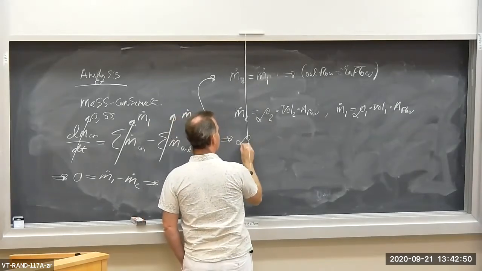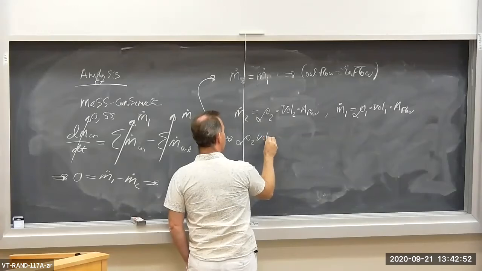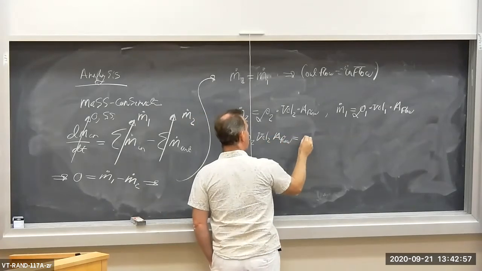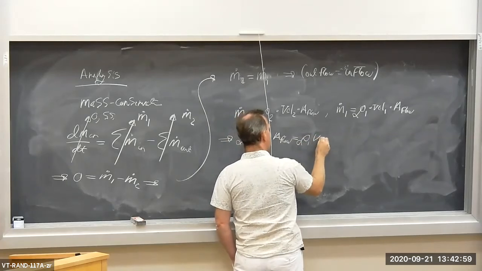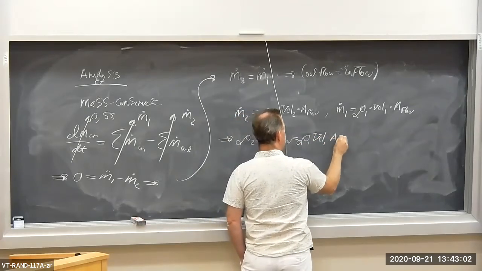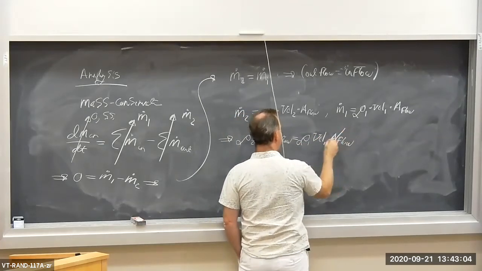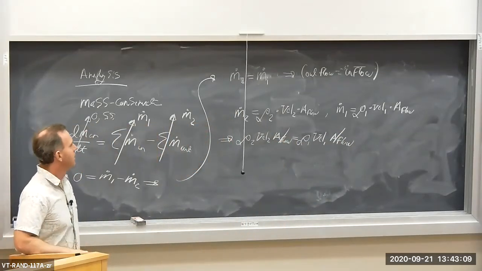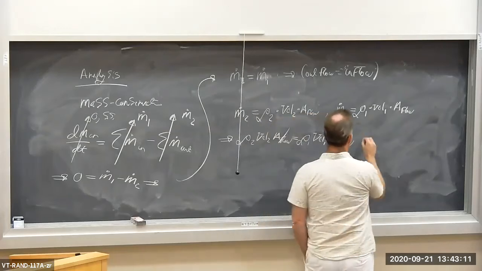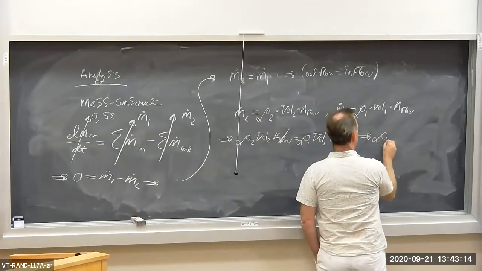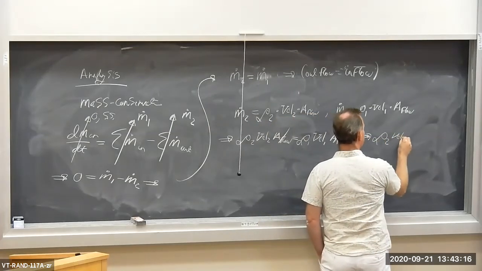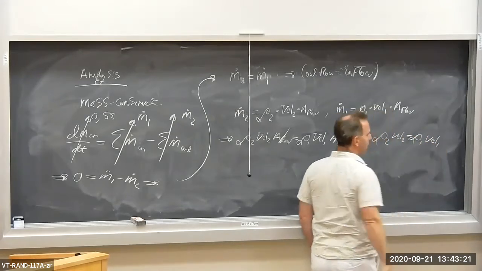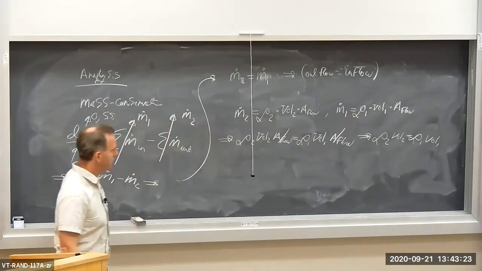So we get rho 2, velocity 2, area flow equals rho 1, velocity 1, area flow. Notice the flow areas are the same, so they cancel out. We're assuming this is a constant area duct. And I get outlet density times outlet velocity is equal to inlet density times inlet velocity into the duct.